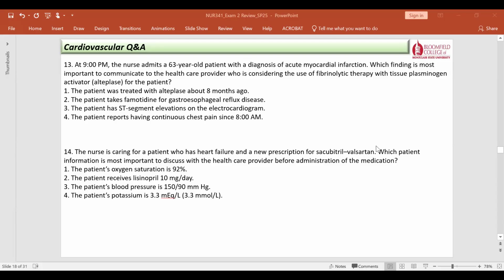Two more. Would it be potassium? Yes. Hypo or hyperkalemia? Hyper, right? Elevated potassium level, and you can also add the decline in blood pressure. The hypotension is also going to be increased, so the patient will be even more hypotensive when you give them these two meds together.